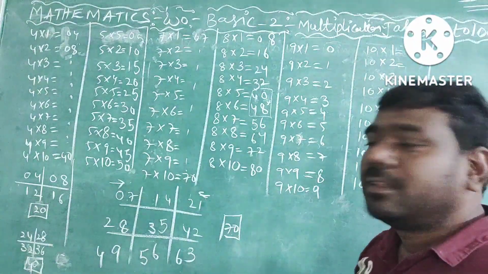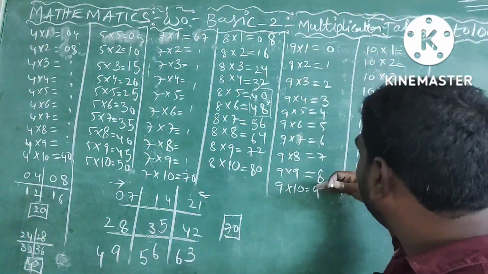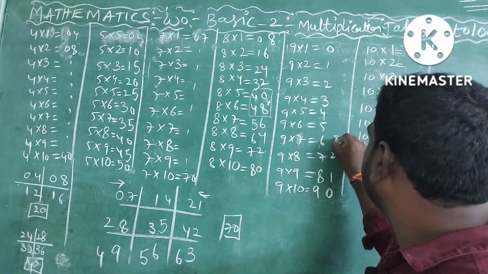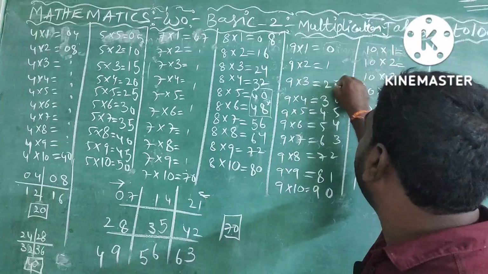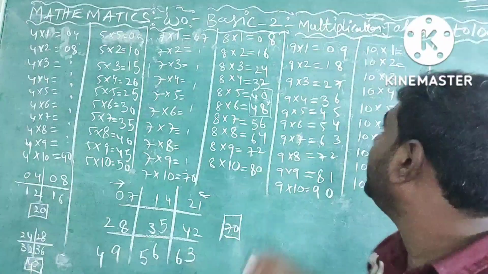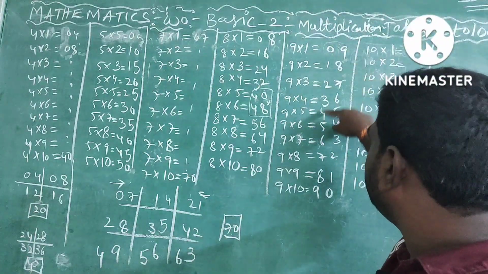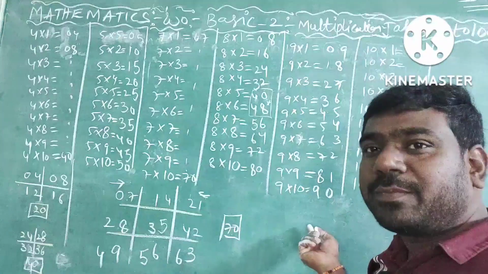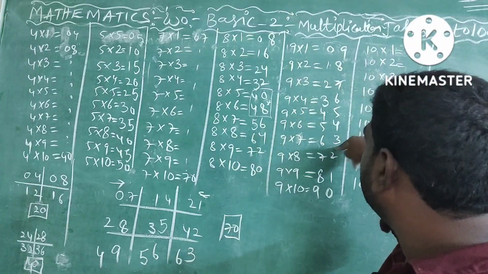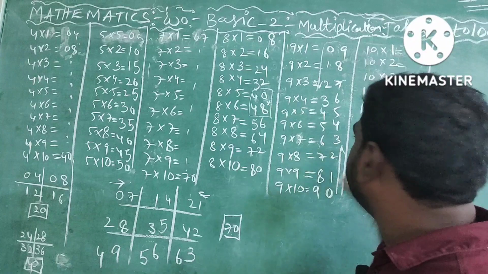Next, in reverse, starting from 0 only, the same numbers, ascending, from bottom to top: 0, 1, 2, 3, 4, 5, 6, 7, 8, 9. So we have the 9 table. Very easy. Numbers starting from 0, 1, 2, 3, 4 and so on to 9. The second step is the reverse: 0, 1, 2, 3. Like this and like this. Very simple.